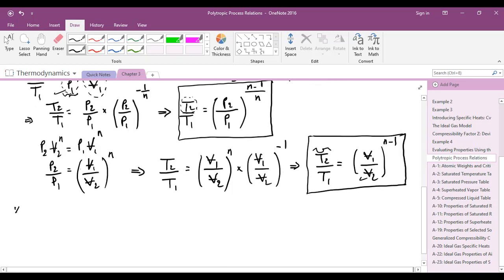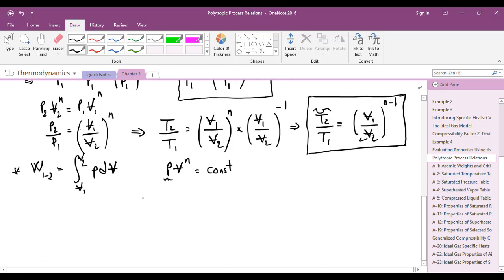So let's say that we want to calculate the work for an ideal gas undergoing a polytropic process from 1 to 2. So it is the integral from V1 to V2 of PdV. And since PV to the power n is constant, we can replace the pressure by the constant over V to the power n.